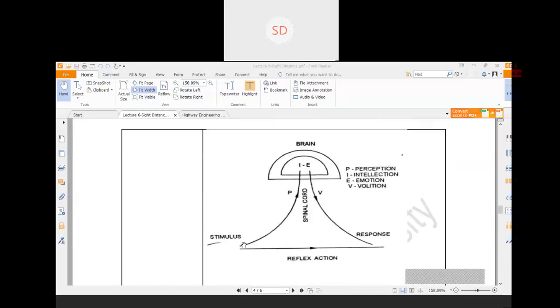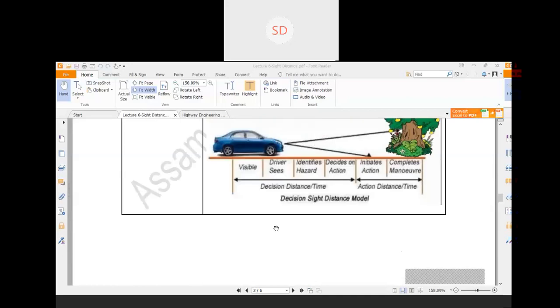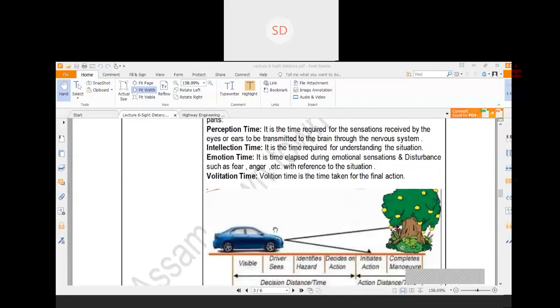So the time for the signal to pass through is called perception time. Suppose this is your brain and this is the nervous system which connects your stimulus to the brain. The time required for the signal to reach your brain is called your perception time.